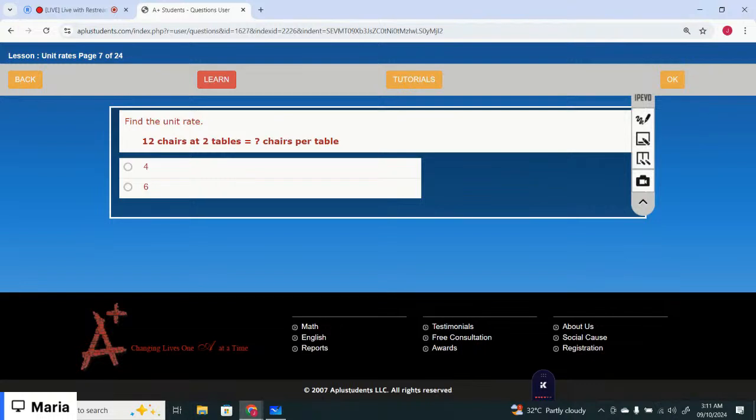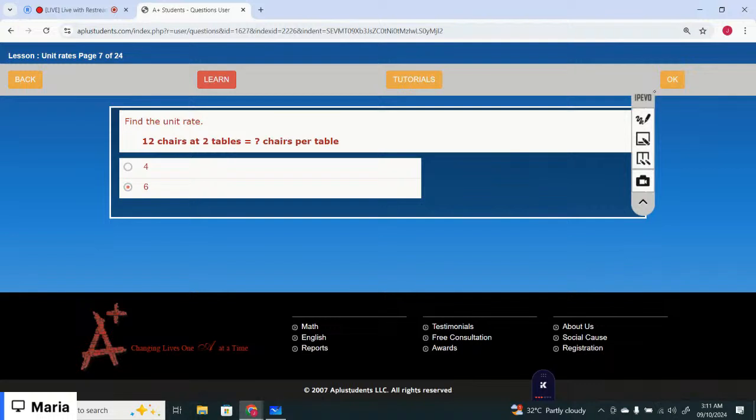Find the unit rate 12 chairs at 2 tables. So which is the correct option? The correct option is 6 chairs per table.